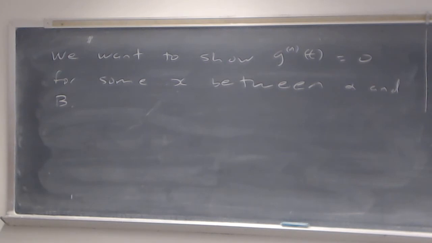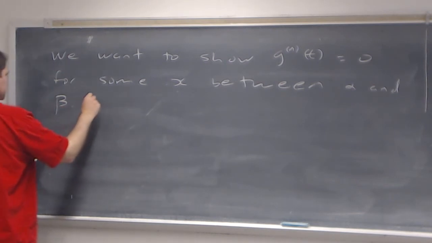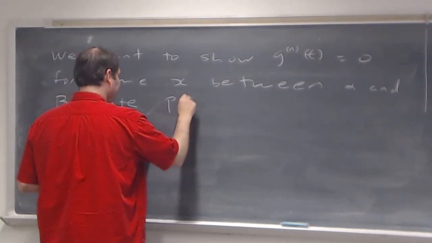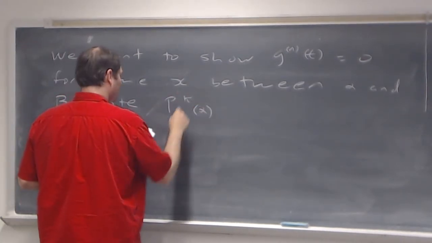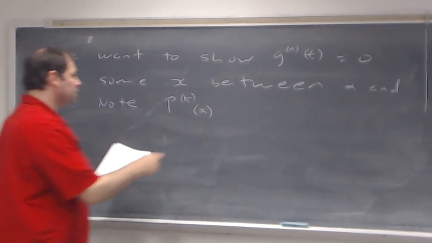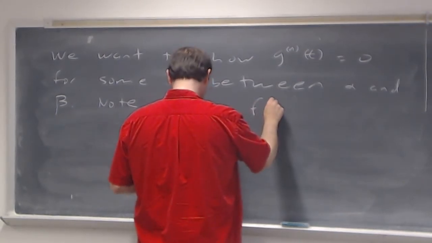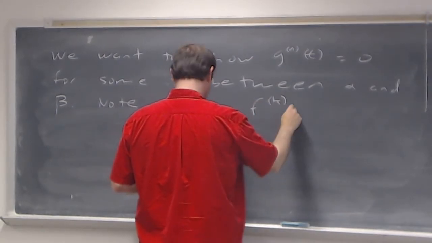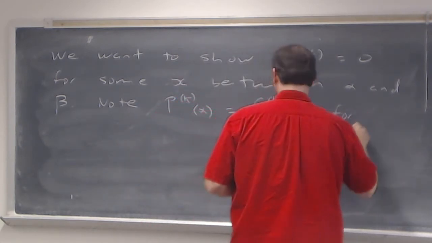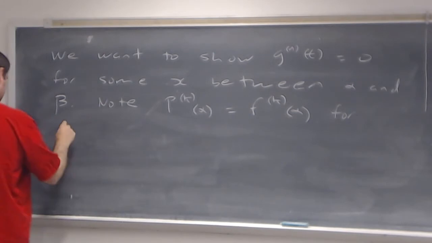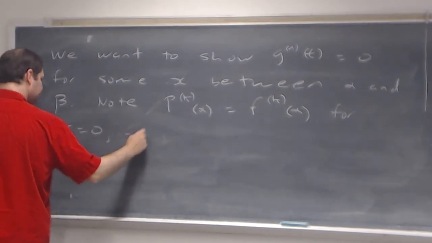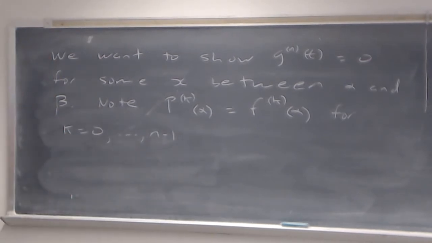Okay. Well, another thing to take notice of is that the kth derivative of p evaluated at alpha is going to be equal to the kth derivative of f evaluated at alpha, and that's true for all k equaling 0 up to n minus 1.